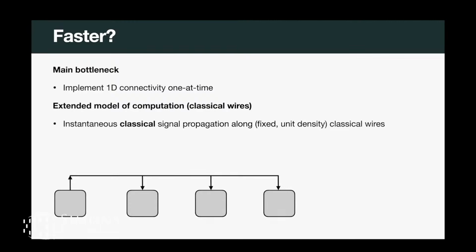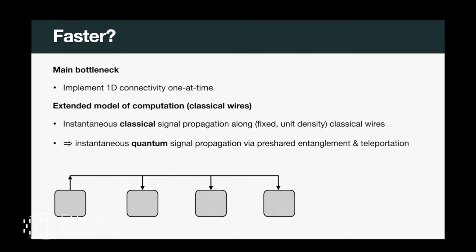I'm still requiring that these wires are fixed at manufacturing time, and I have unit density. So in some sense, this is just like a wire in a classical processor. Even there, the signals don't propagate truly instantaneously, but this is what I think to be a reasonable model, and I'm happy to chat about that more.